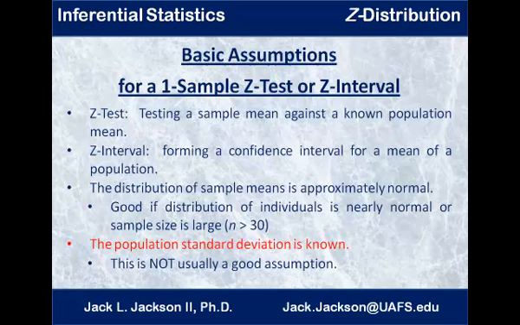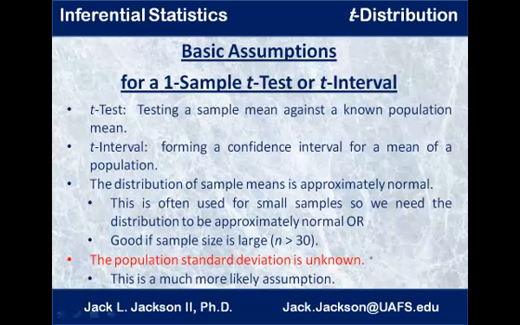So we have to make an adjustment, and that's exactly what a t-test and a t-interval does. It's basically the same idea as a z-test or z-interval, but we just adjust for not knowing the population standard deviation. So the basic assumptions for a one sample t-test or t-interval are exactly the same as for a z-test or z-interval, with one slight change.